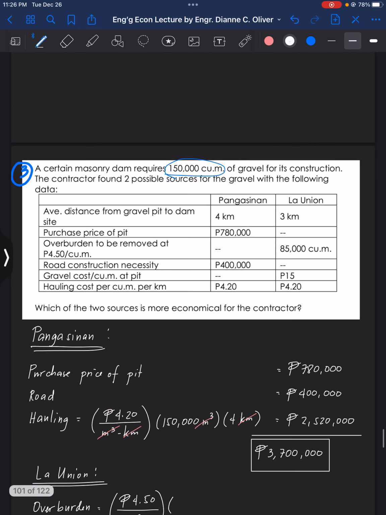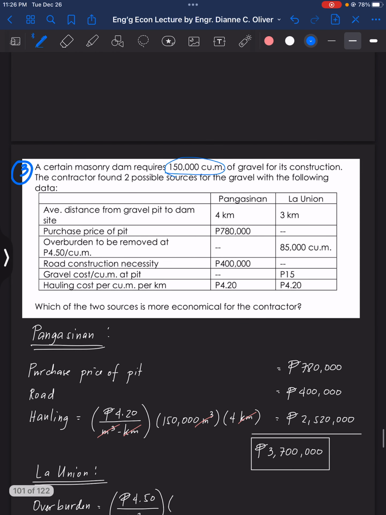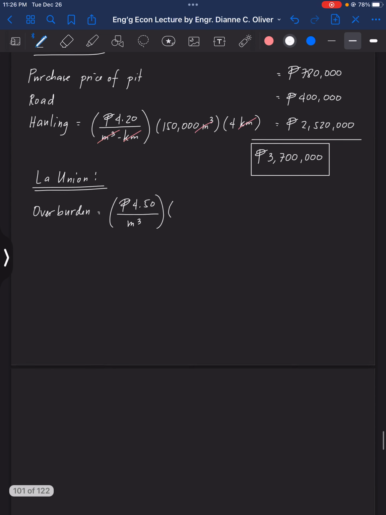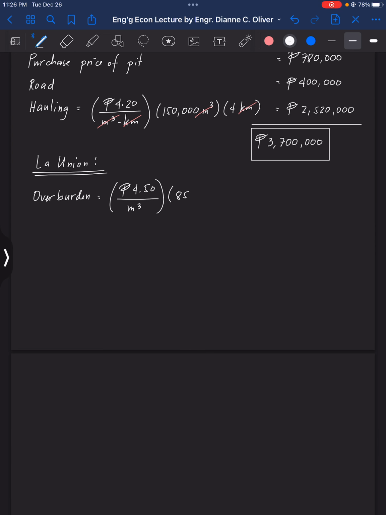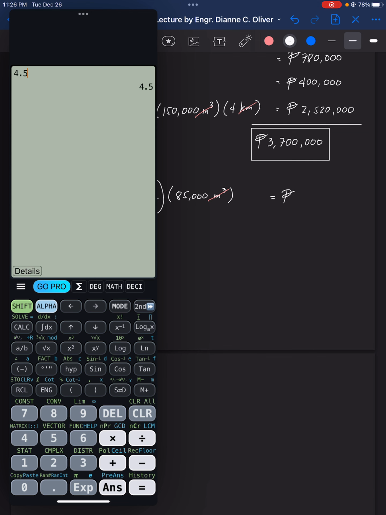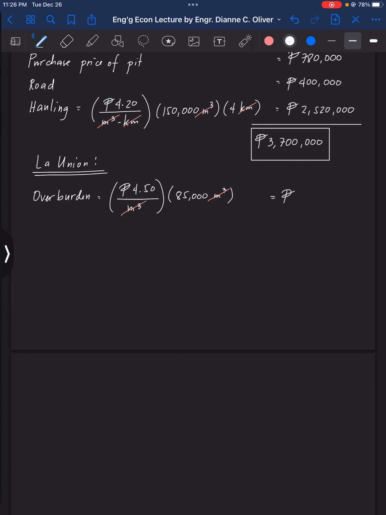And for the overburden for La Union, we have here 85,000 cubic meters. Cancel cubic meter. So that's now 4.5 times 85,000. So that is 382,500.